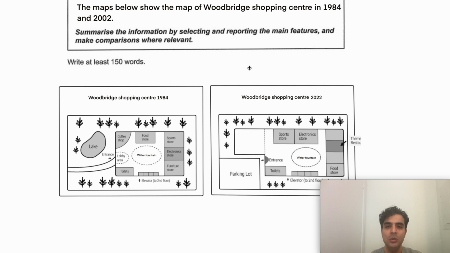What you need to do is follow the changes that you see in these two maps, starting from one corner and working your way to the other end. I'll tell you what I mean.